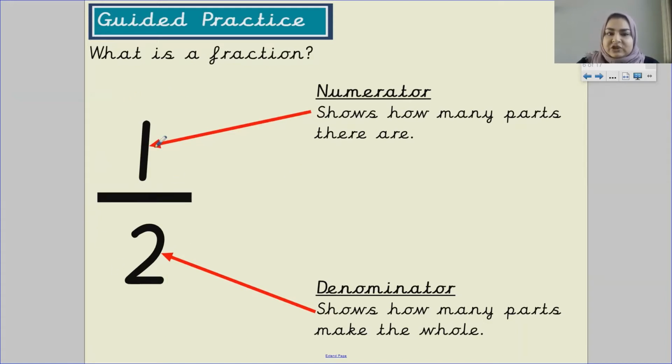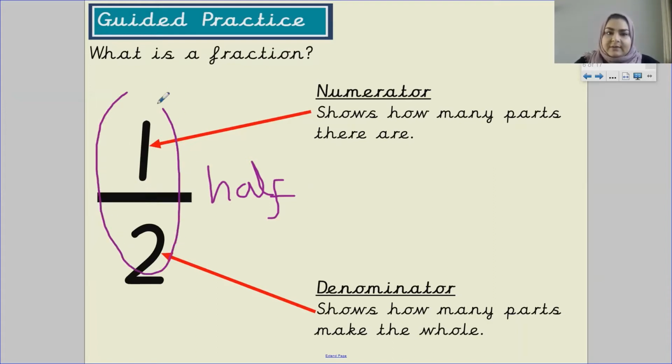Now this fraction means half. Whenever you're going to represent a half, you're always going to write it like this. Now, a numerator, which is the number at the top, shows how many parts there are.